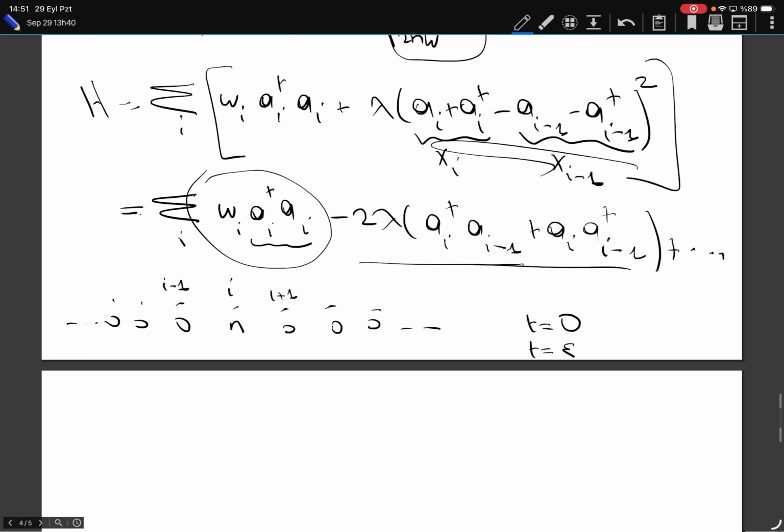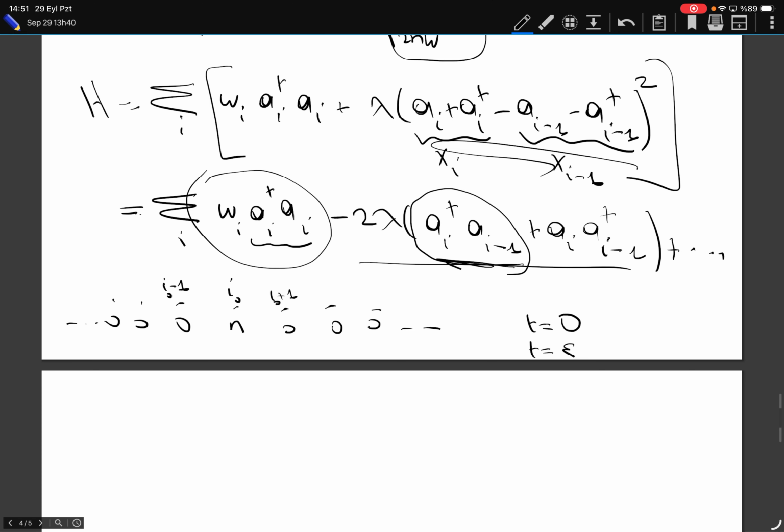If you look at this operator, what that operator does, let me use i0 here, is it annihilates, destroys one package at some location, let's say i minus 1, and creates one at the next location, at the ith site. That will be what this term does.